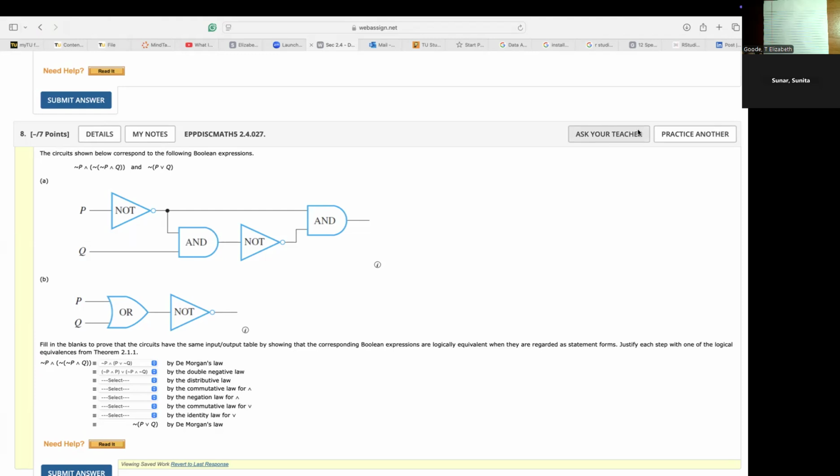Okay. That will help because it's helpful to look at those laws so that you know what is going to happen under the influence of those different laws. So if you stop sharing, then I can share. All right. It's the summary of logical equivalences.